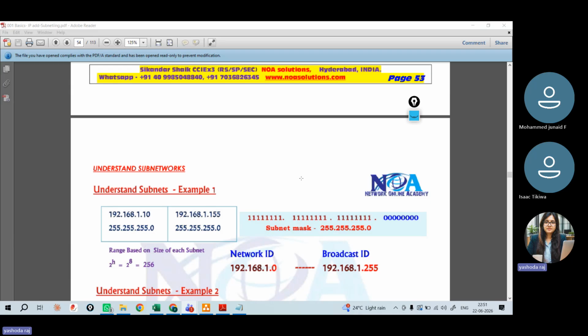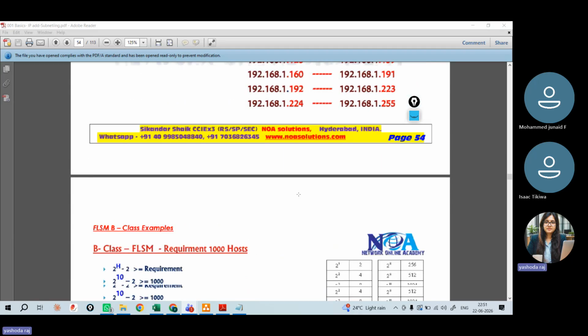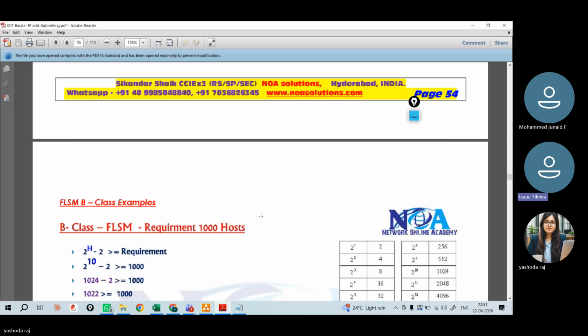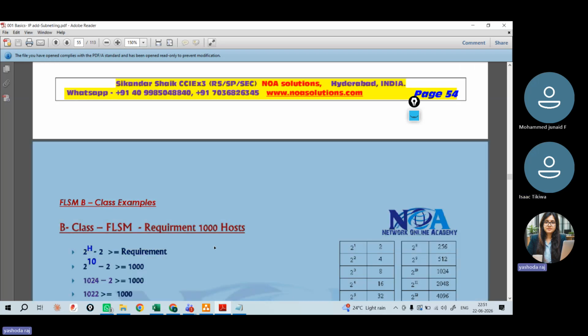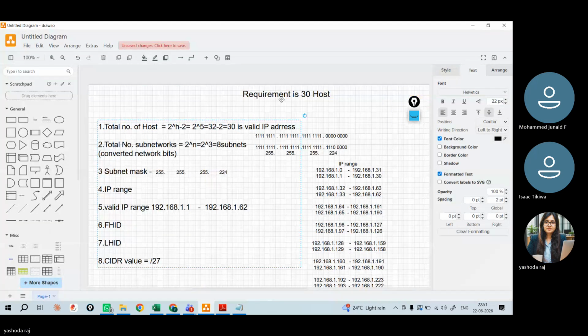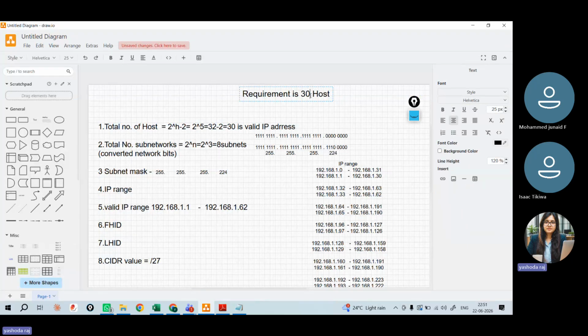Can you try this one? Junaid and Isaac, both of you should try this. Will you try? I can try. Requirement is 1000 hosts for class B.